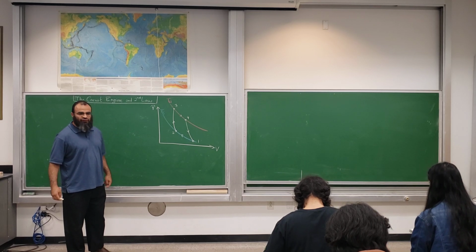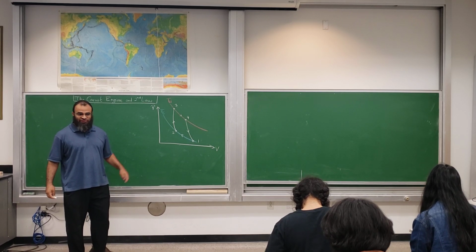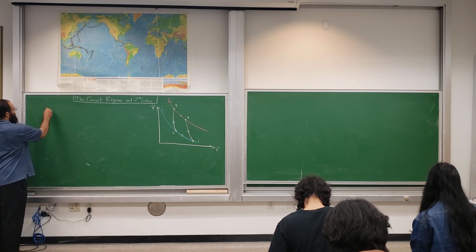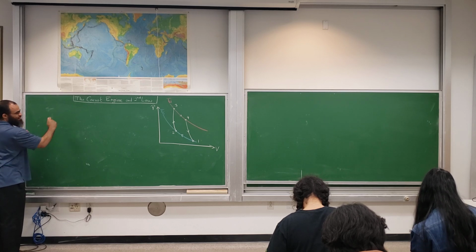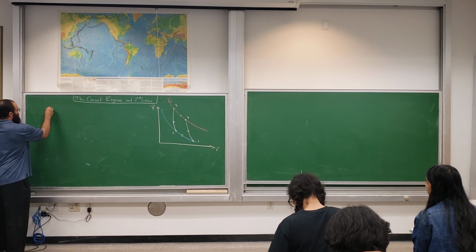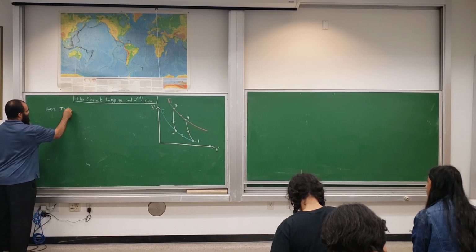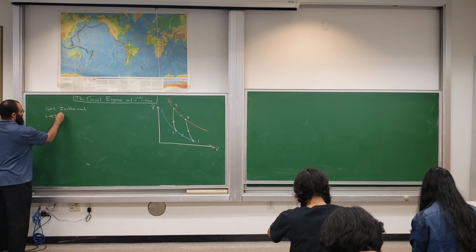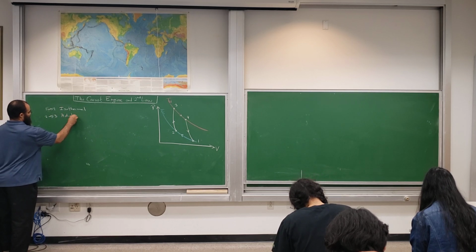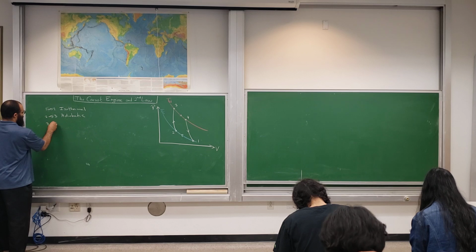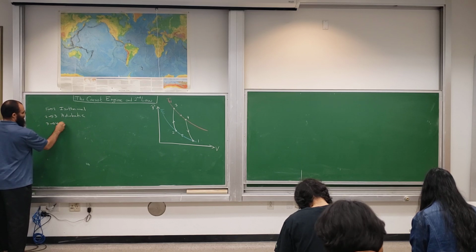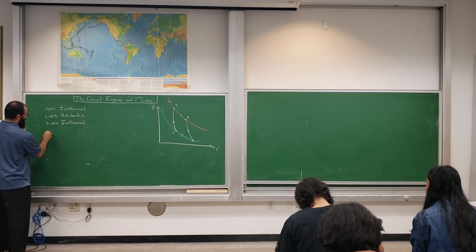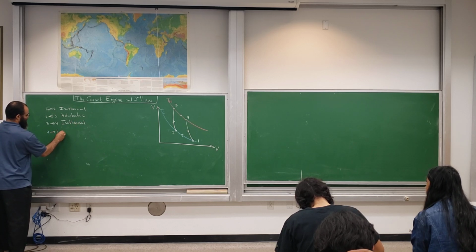And the question is, find the efficiency of this engine. What's the efficiency of the cycle? Let me state clearly: 1 to 2 is isothermal, 2 to 3 is adiabatic, 3 to 4 is isothermal, and then 4 back to 1 is adiabatic.